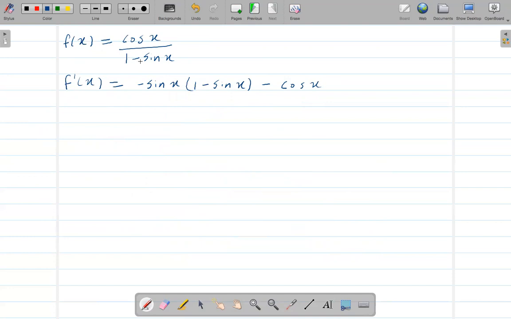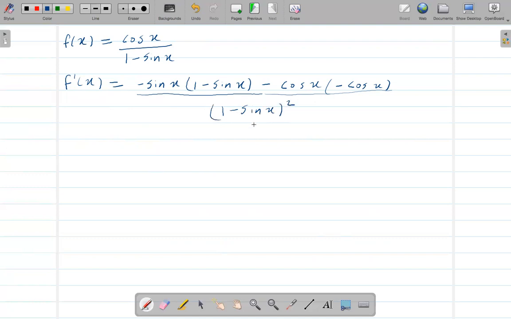The derivative of 1 is 0, minus the derivative of sine, which is cosine. So minus cosine, over 1 minus sine x squared.